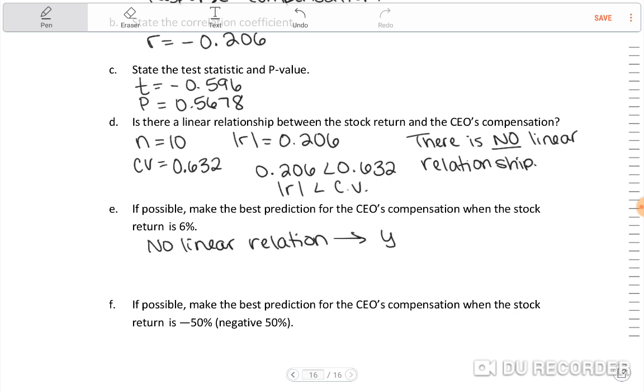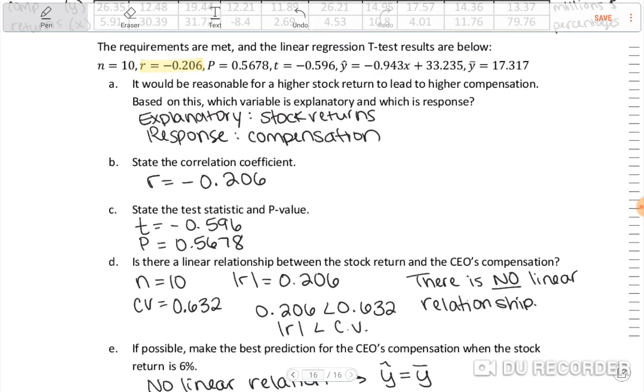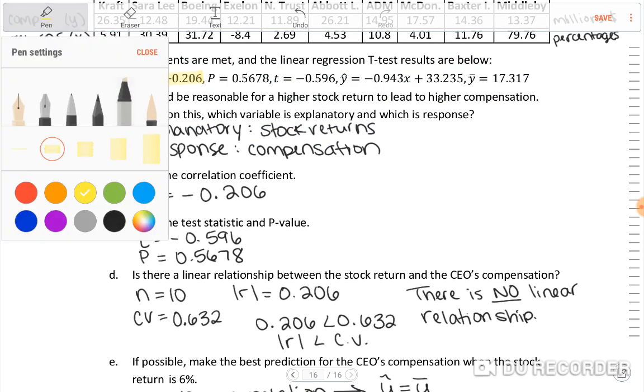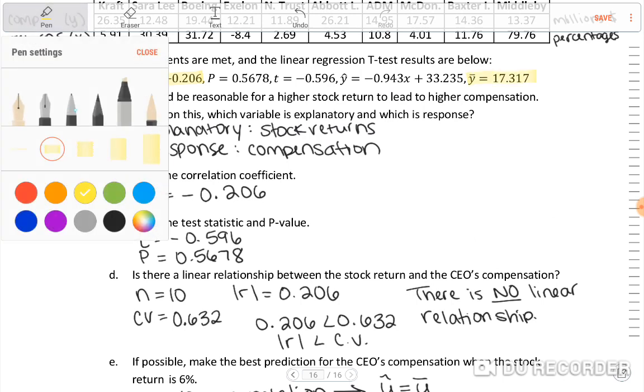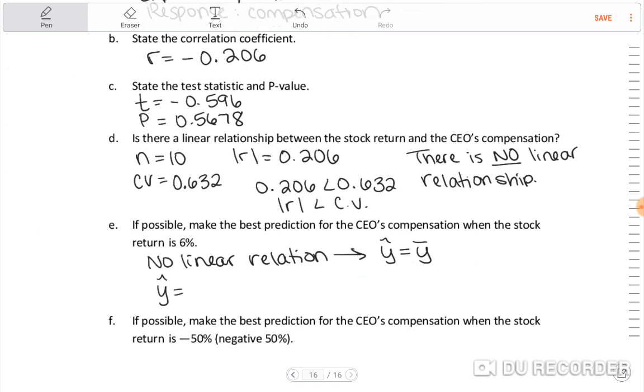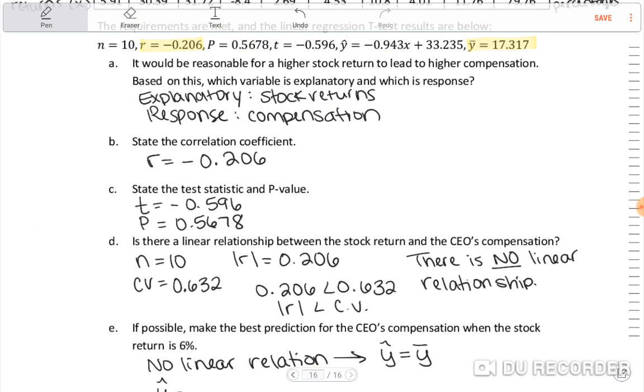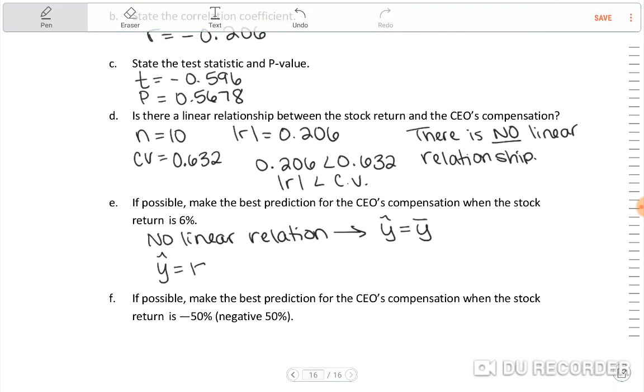This means that y hat equals y bar. So in this case, you actually aren't plugging in anything. You come back up here and you say, oh, wait a minute, here's y bar. That's your answer. Y hat equals 17.317. So that was easy.